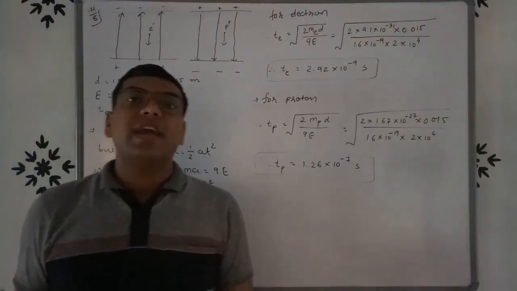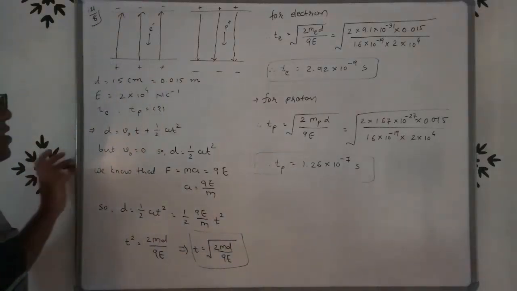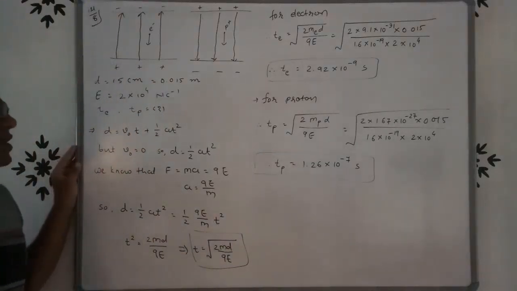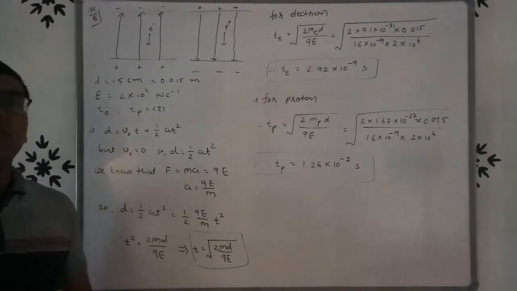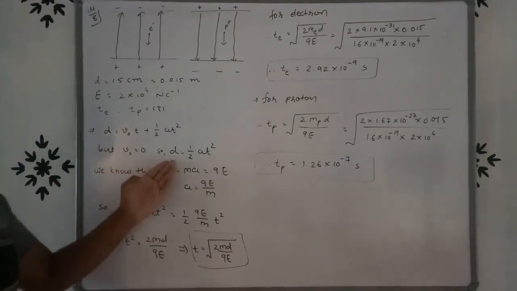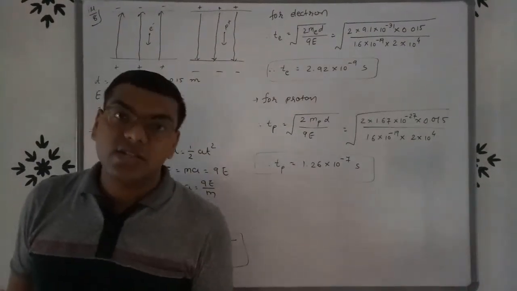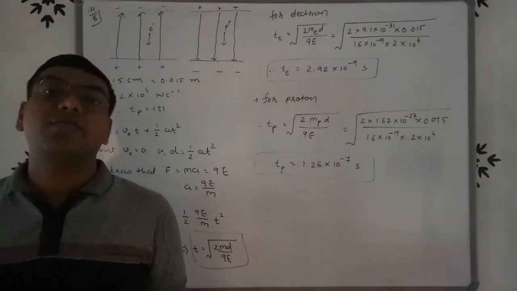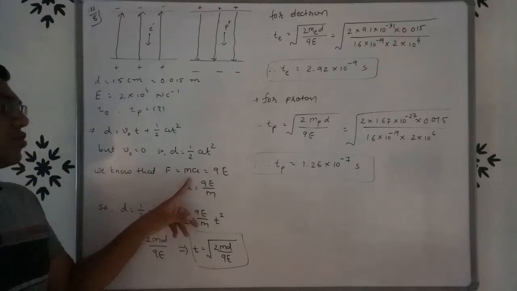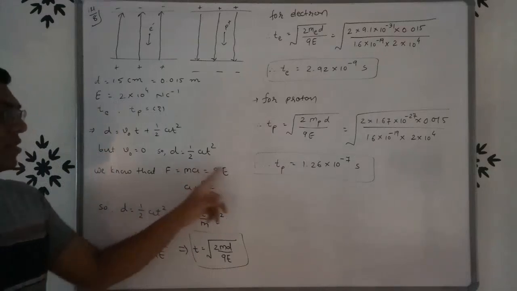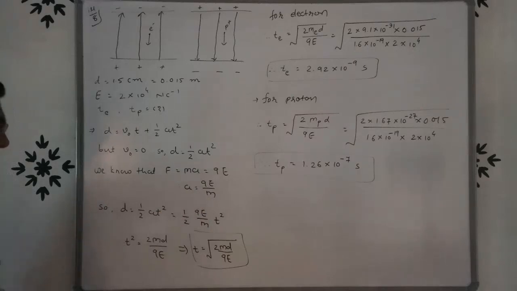Again we have to find out time of fall for electron and proton. So simply we use the formula d is equals to v0t plus 1 half at square. But we know that v0 is equals to 0, then d is equals to 1 half at square. But here we have to deal with charge, so we have to find out the formula of acceleration. We know that F is equals to ma, and for charge F is equals to QE, so a is equals to QE by m.